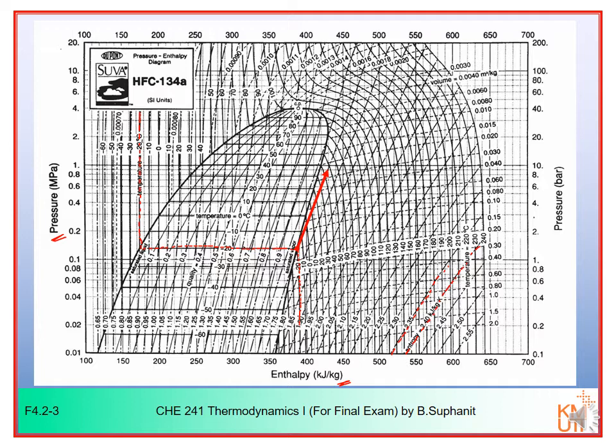So we start from minus 20 degrees Celsius sat vapor. We follow the isentropic line to the pressure of 0.9 megapascal. This is 0.9 megapascal or 9 bar. And on your left axis, it is 0.9 megapascal.